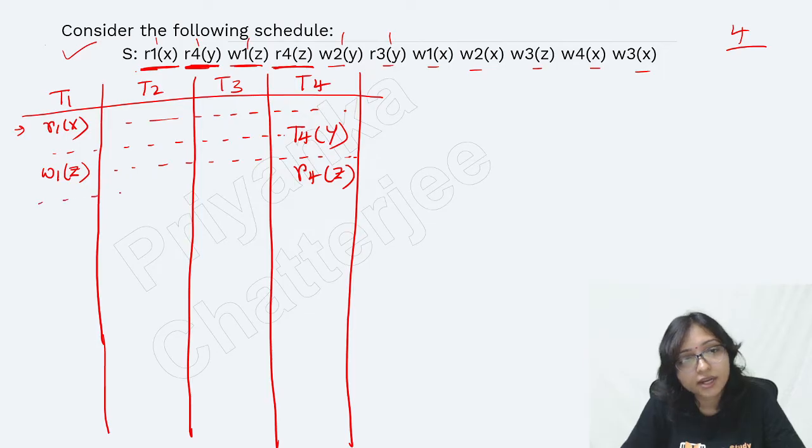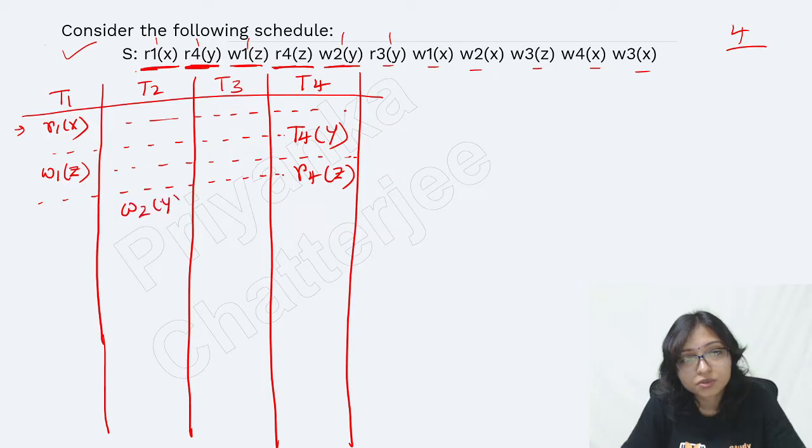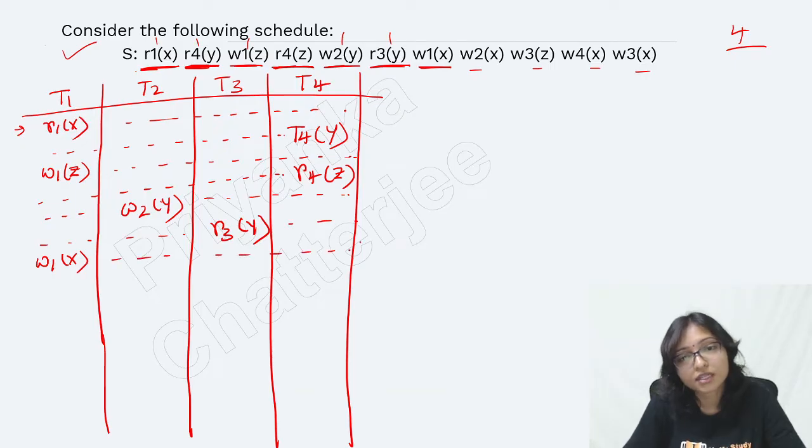Next is W2y, which is T2. Now R3y, that is T3. Now W1y, and W1x.